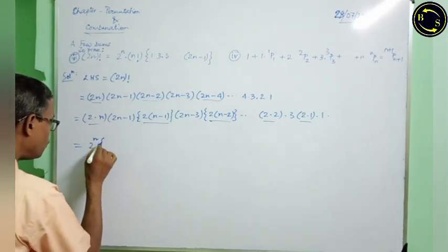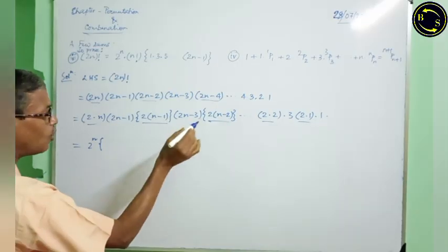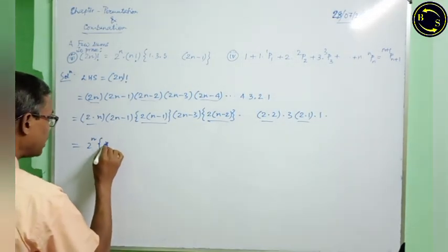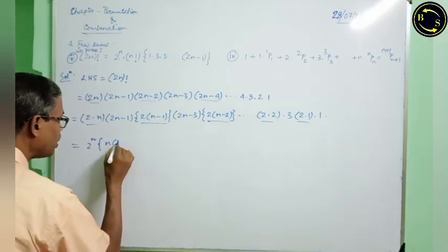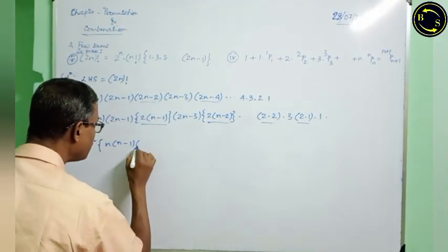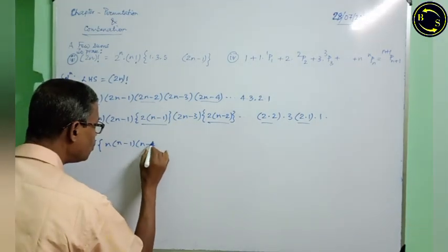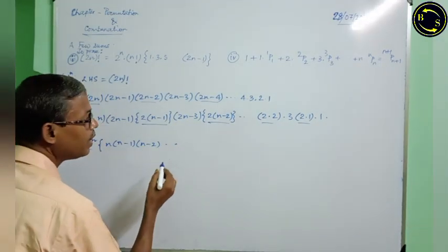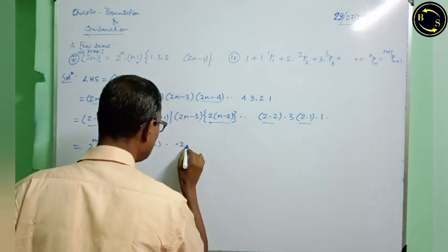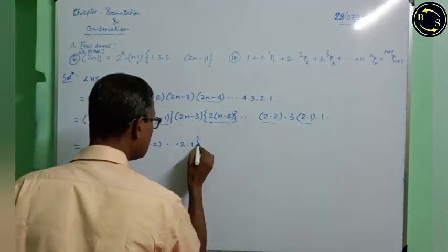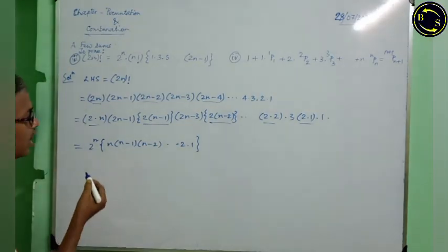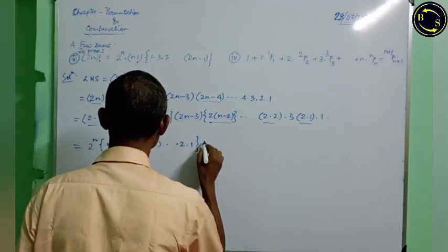Now, for the odd places, I write other factors, which are n from this, n minus 1 from this one, n minus 2, finally 2 into 1. Follow this. Then I write other factors.